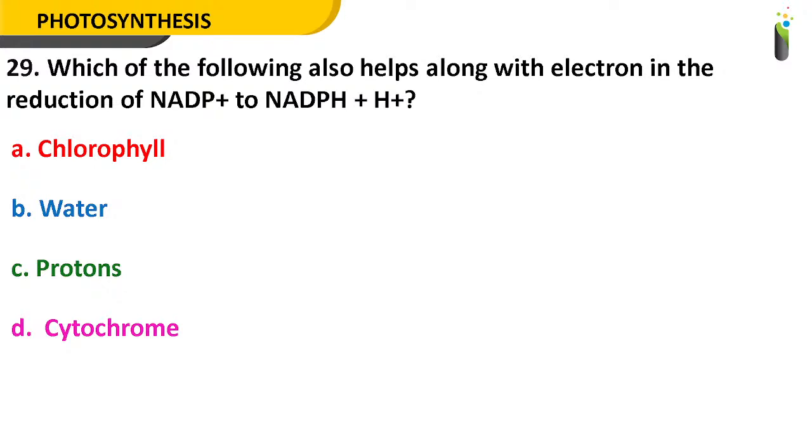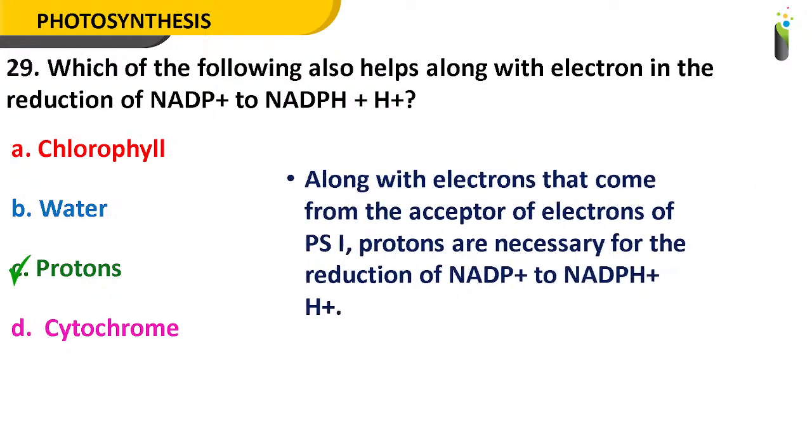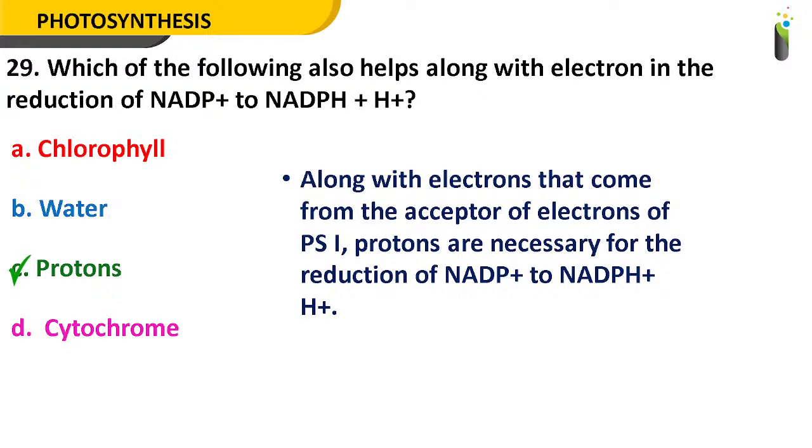The perfect answer for this question is C, protons. Protons are obtained by photolysis of water, and these protons are taken up by NADP+, which thereby gets reduced to NADPH + H+. Along with electrons that come from the acceptor of electrons of photosystem 1, protons are necessary for the reduction of NADP+ to NADPH + H+.